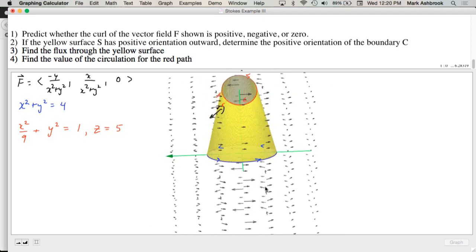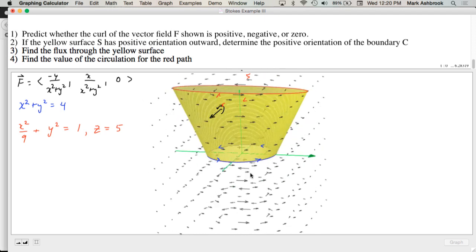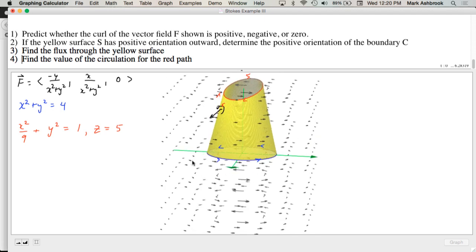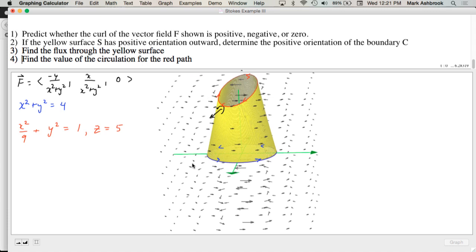So we want to find the flux through the yellow surface. Great question. Sorry, I want to find the flux of the curl.